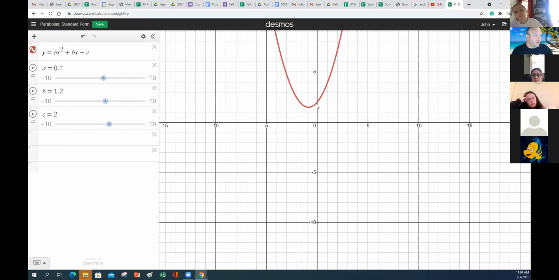If I were to draw a tangent line at this point, the slope of that tangent line would be positive because you would see it's increasing at that particular point, because it's going up. Would everybody agree?